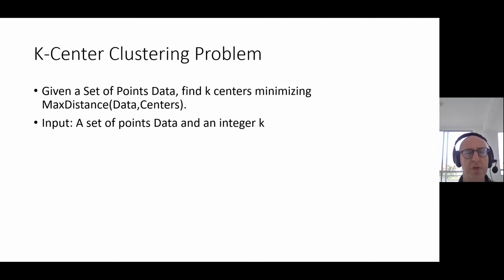So the input is a set of points data and an integer K, or a set of arrays. An array defines a point in a multidimensional space, and the integer K is a number of clusters and of centers.